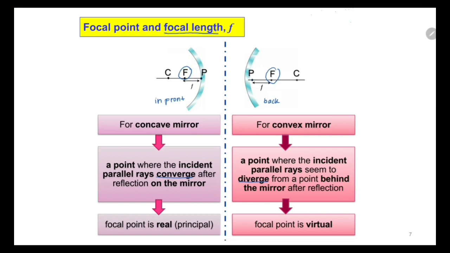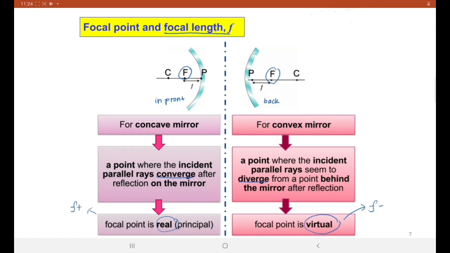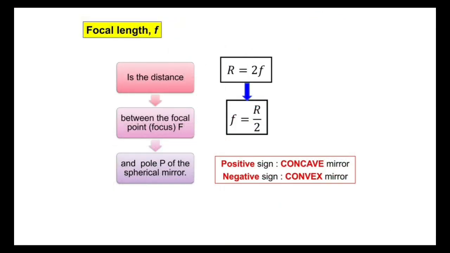Focal length is the distance of focal point to point P. Since focal point for concave mirror is real, the focal length of the concave mirror is always positive. However, focal point for convex mirror is virtual. Then, focal length for the convex mirror is negative. Let's see the relationship between focal length and radius of curvature.